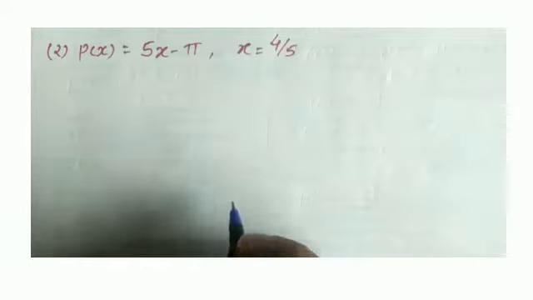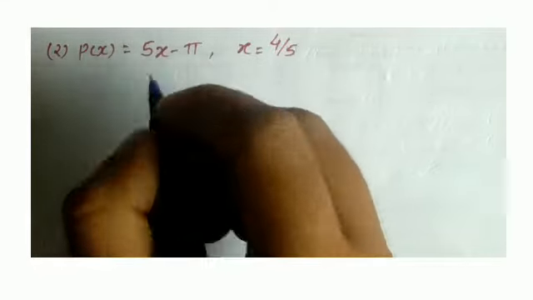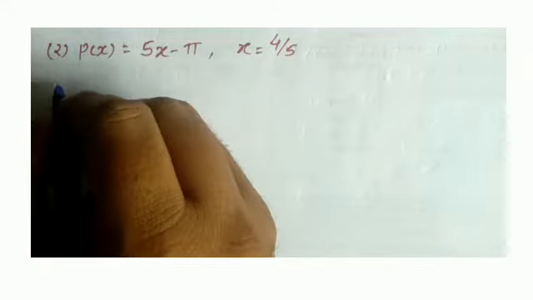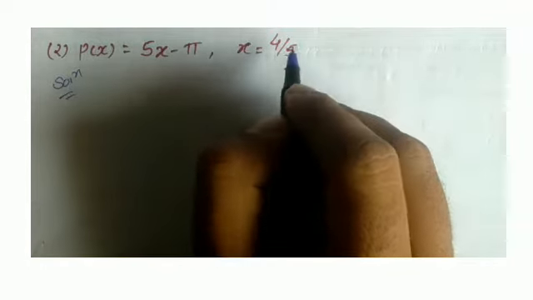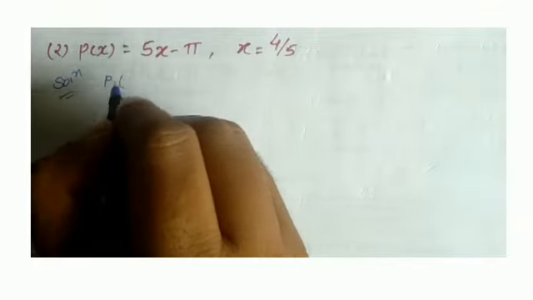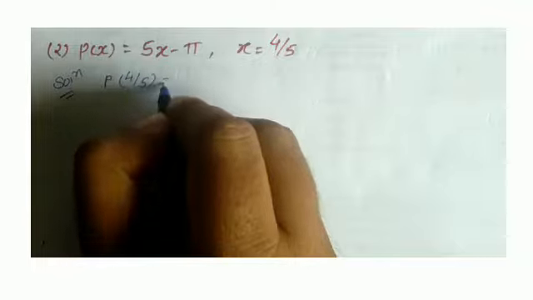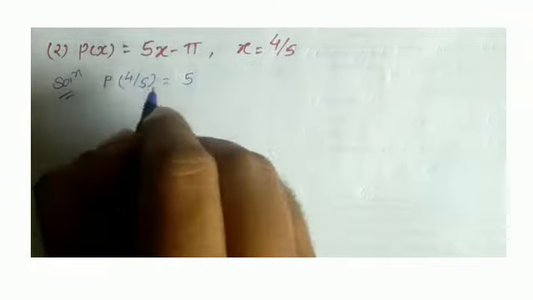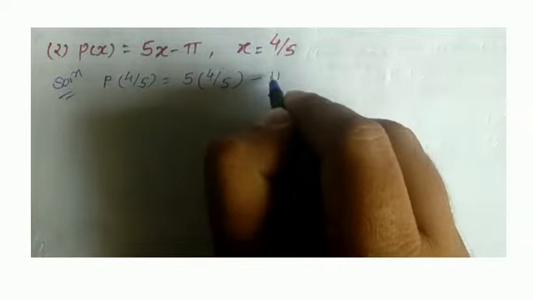Now second one. P of x is equal to 5x minus 5, and we need to take x is equal to 4 upon 5. So write down P of 4 upon 5 is equal to 5 into 4 upon 5 minus 5.